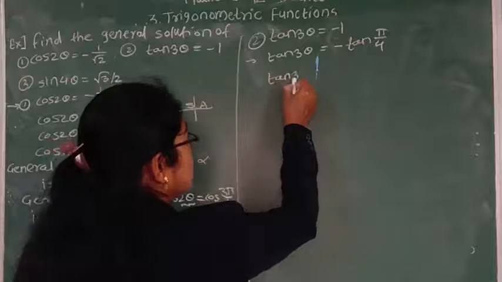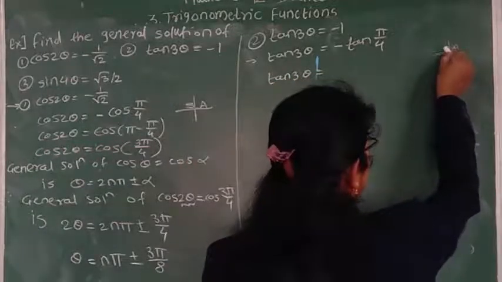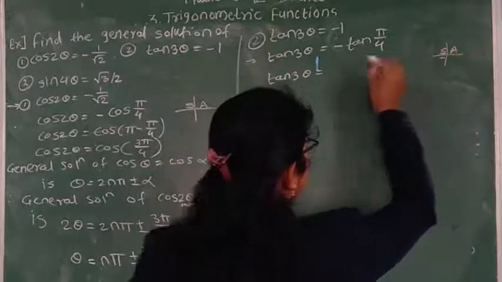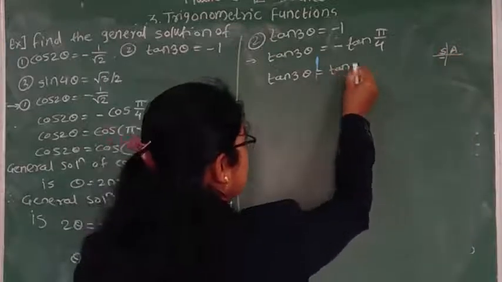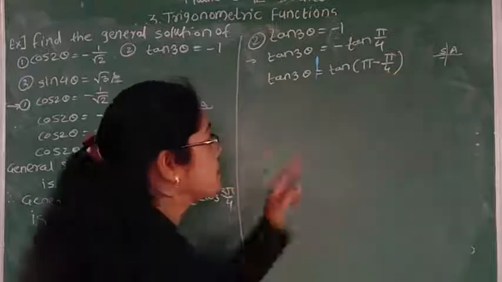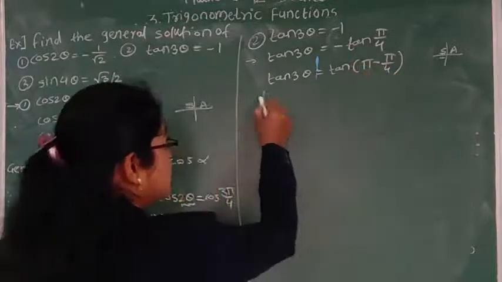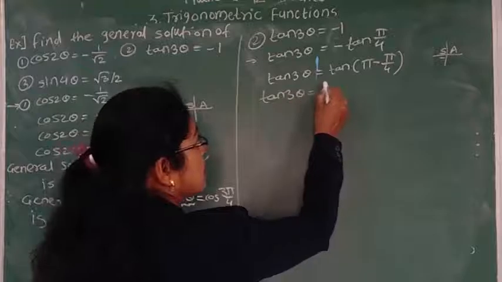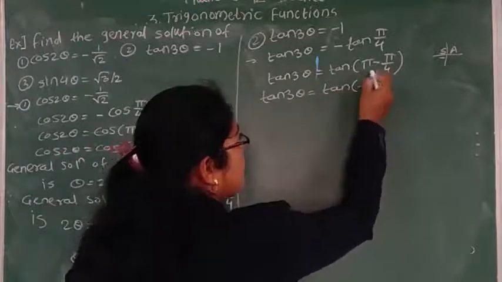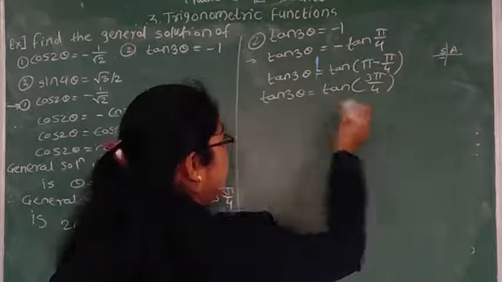So tan 3 theta is equal to minus. In which quadrant is it minus? Tan is minus in the second quadrant, so we can write tan of pi minus pi by 4. Tan of pi minus theta is minus tan theta. So tan 3 theta is equal to tan of 4 pi minus pi, 3 pi by 4.